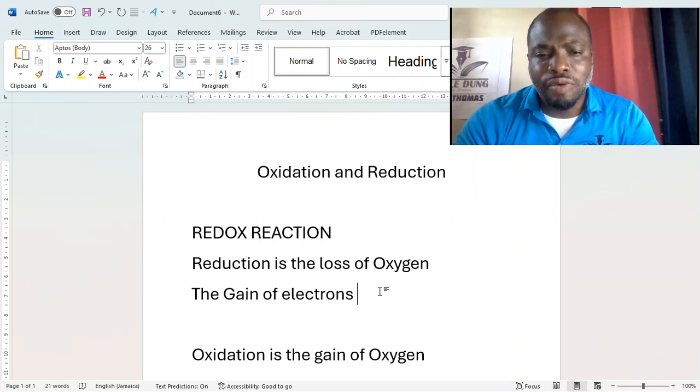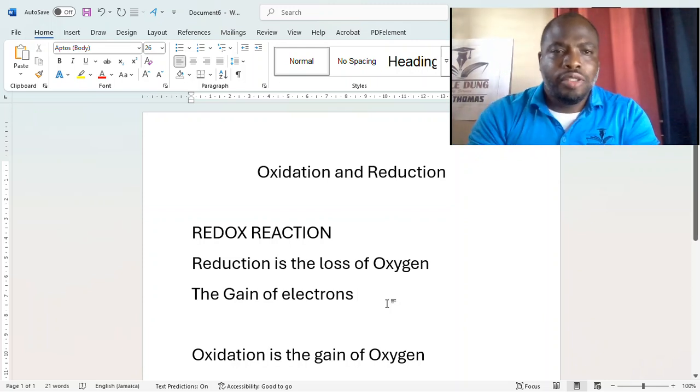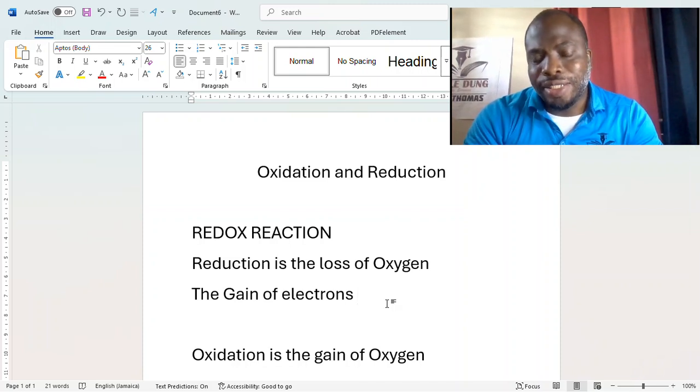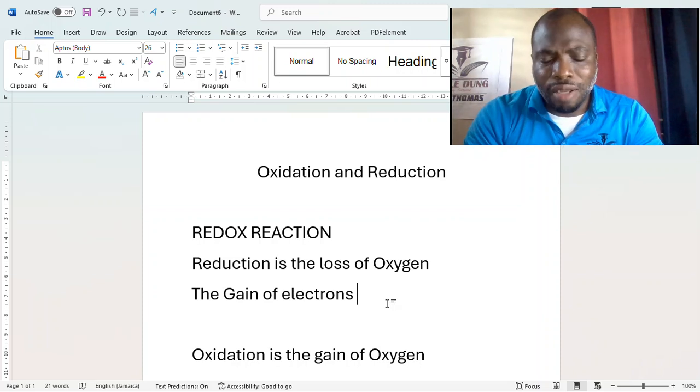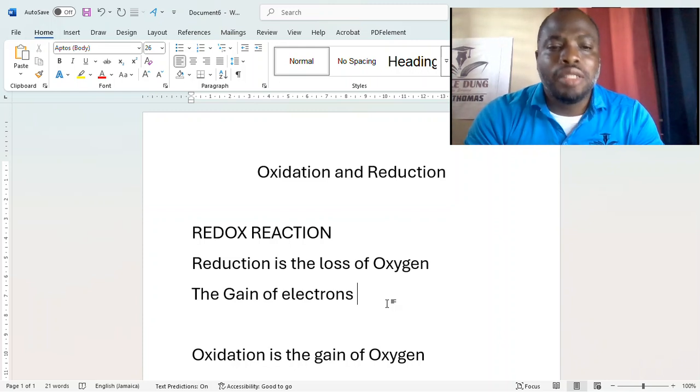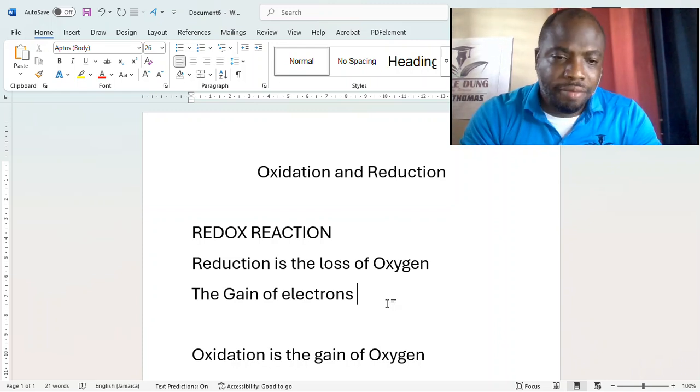Moving to the right, you have the nonmetals. As you move towards the right side, we're becoming more electronegative. And so we know that those elements like to gain electrons. So as a student, you can put this in the back of your head: you know that nonmetals typically will undergo reduction because nonmetals are the ones that gain electrons.